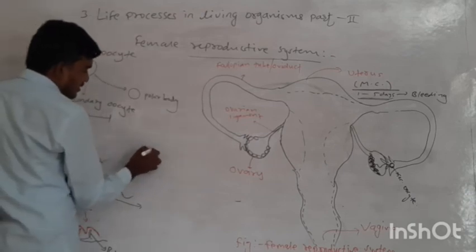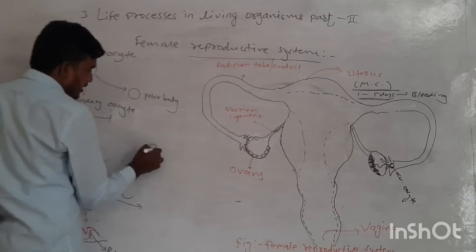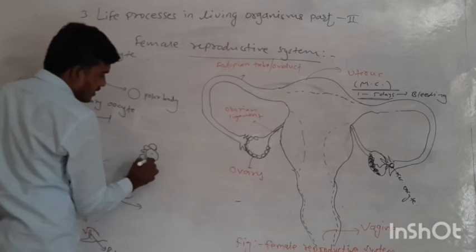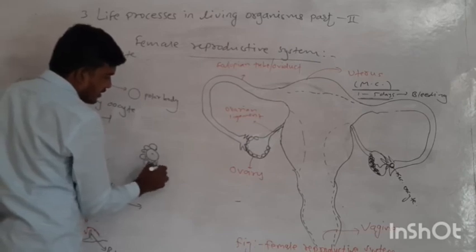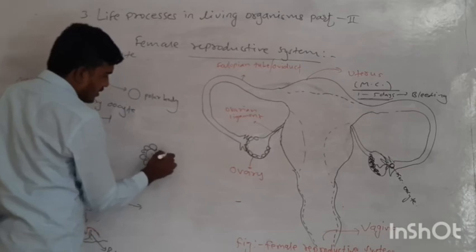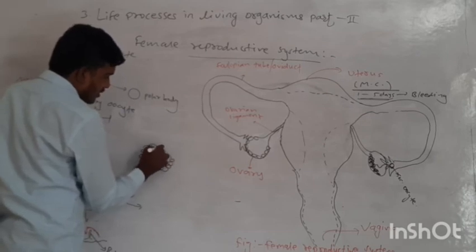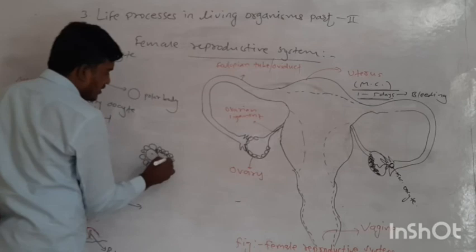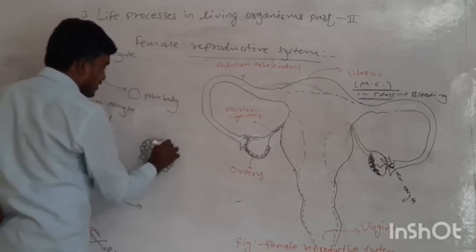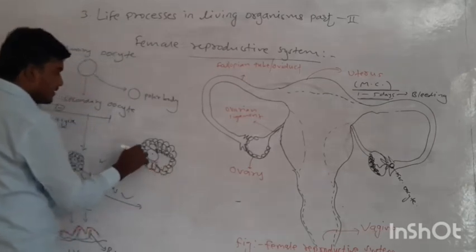Now this is a secondary oocyte, and internally some spaces are also present like this.